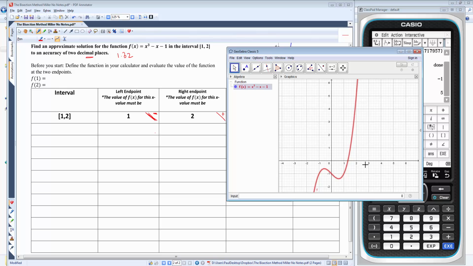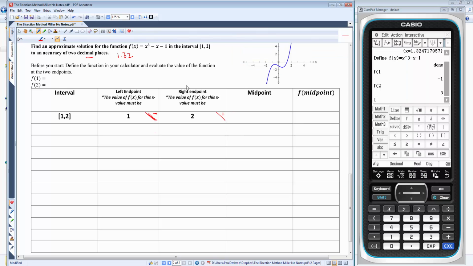Alright, so now that we've worked that out, what we can do is calculate the midpoint of 1 and 2. Essentially the reason we're doing that is we're deciding which side the x-intercept is on. Is it between 1 and 1.5, or between 1.5 and 2? So let's calculate the midpoint.